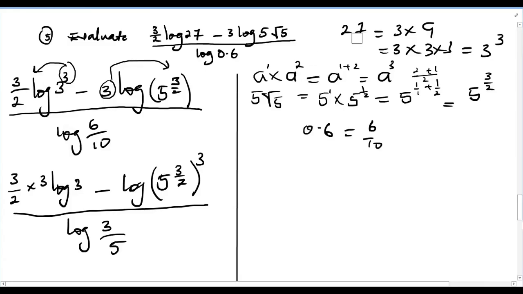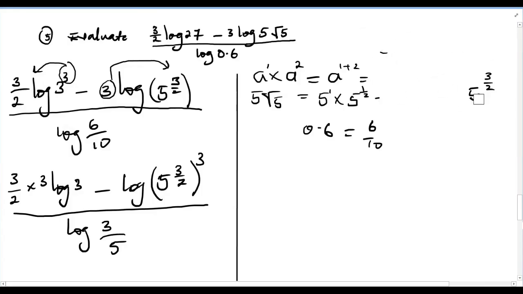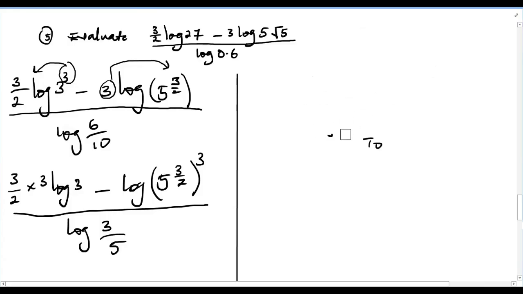So let me clean all this. Alright, so multiplying these numbers at the back of this particular log, we're going to get 3 times 3 is what? 9 over 2, the log of what? 3 minus.